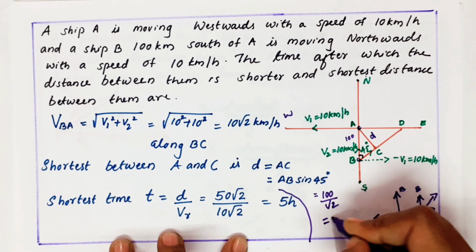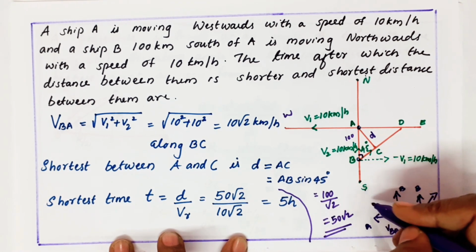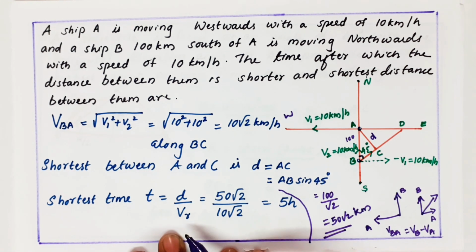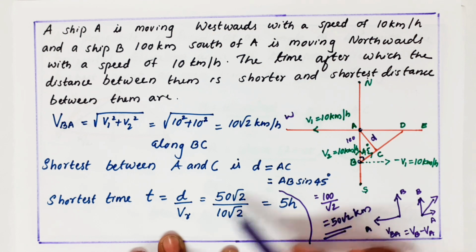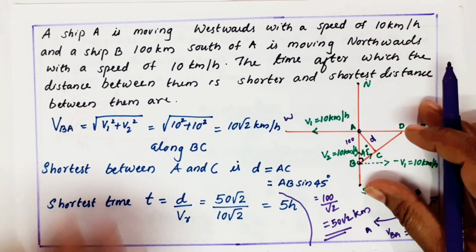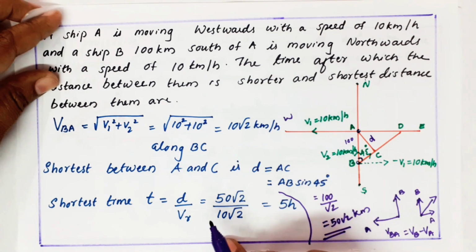What is 100 by root 2? 50 root 2. They gave the distance in kilometers, so 50 root 2 kilometers. If you want time, it is distance by relative velocity. Distance is 50 root 2 by velocity 10 root 2. Root 2 cancels. So what is the answer? 5 hours.